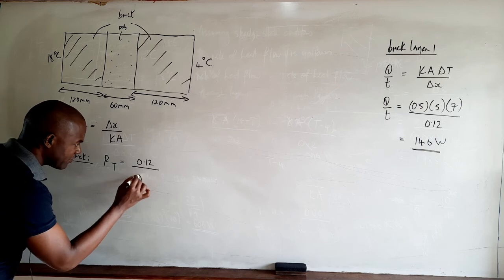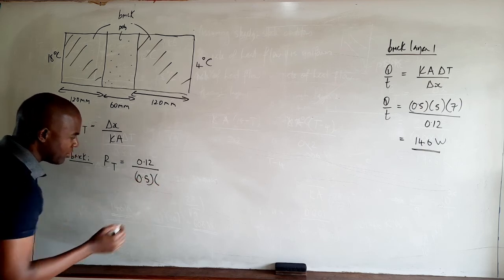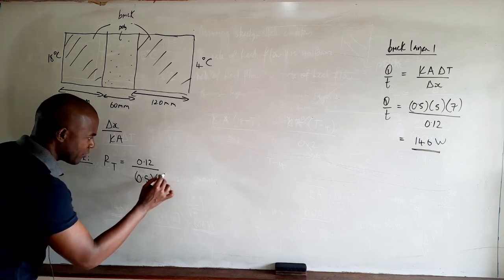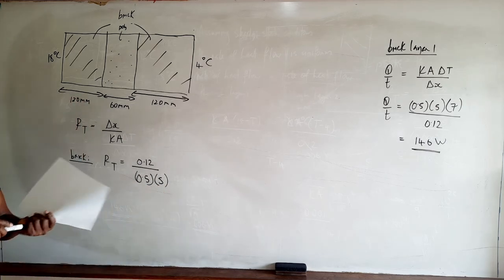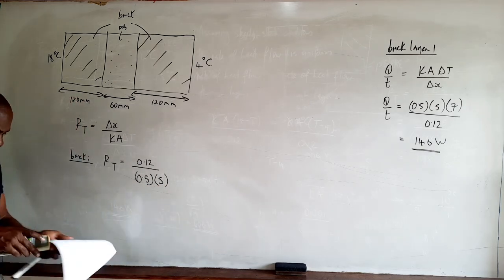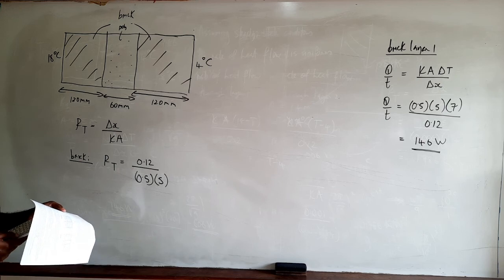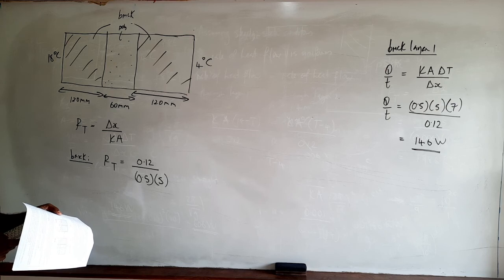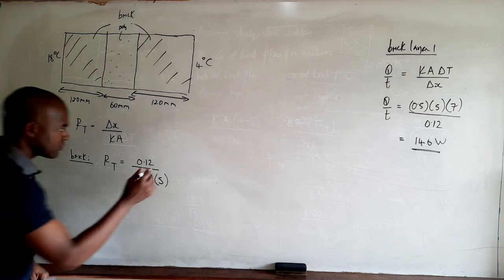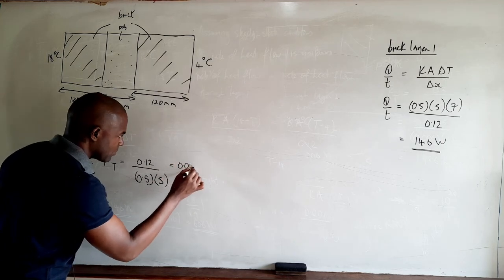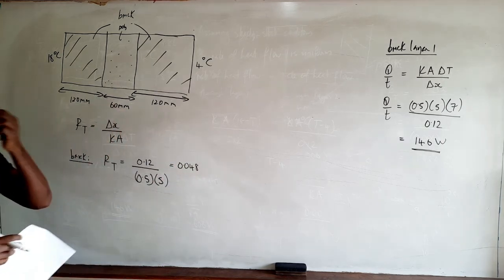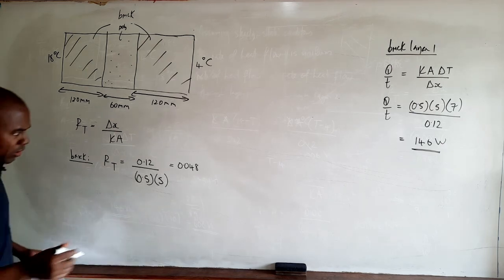And the particular area that we're dealing with is 5 meters squared. And so we have 0.12 divided by 0.5 times 5. So 0.12 divided by 2.5. That's approximately 0.048. And the units again are Kelvin per watt.